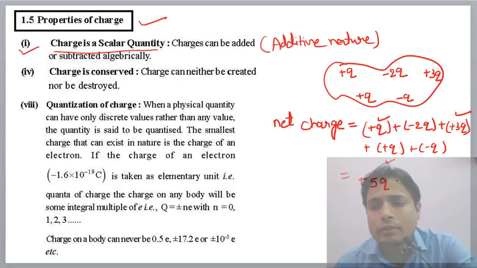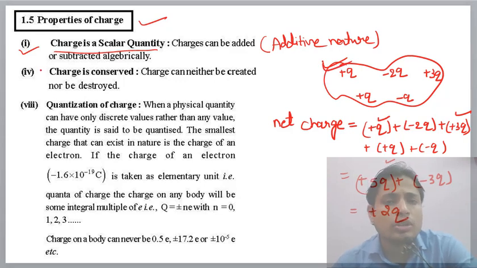And add the negative charges, it will be minus 3Q. So plus 5Q and minus 3Q will be plus 2Q. So the net charge on the body is plus 2Q. That's why it is a scalar quantity and they are additive in nature.